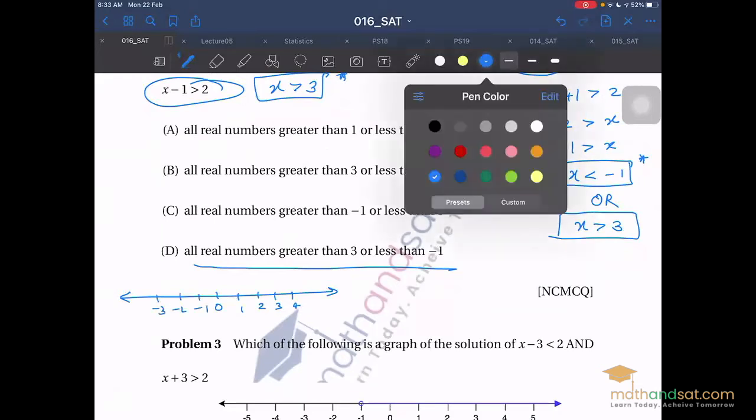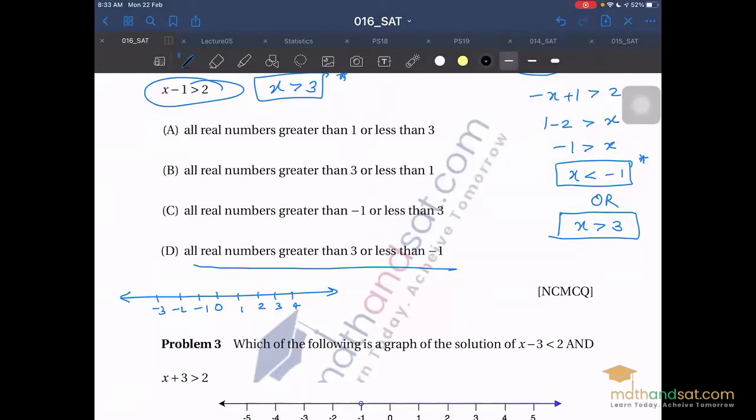We have all real numbers greater than 3, so 3 is not included, or less than -1, so -1 and below -1. So this is our solution represented on the number line.